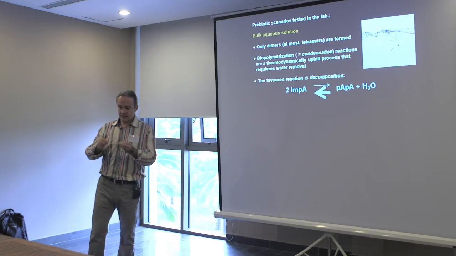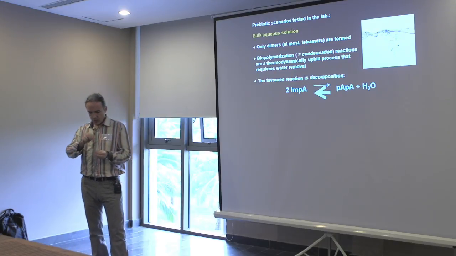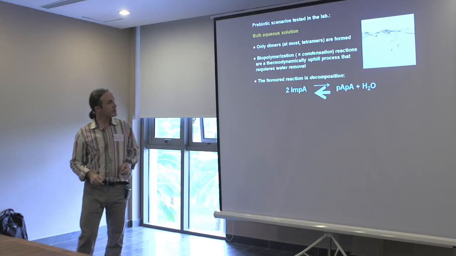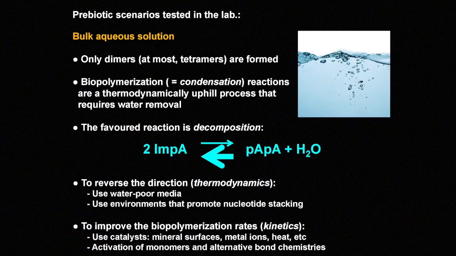Does this kind of monomer interact with others once it is activated? In bulk aqueous solution, this process is not very efficient because the reaction is shifted towards decomposition instead of polymerization. So only dimers or tetramers of RNA are formed.